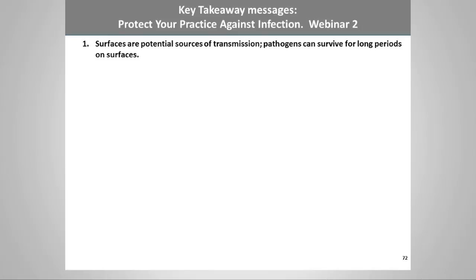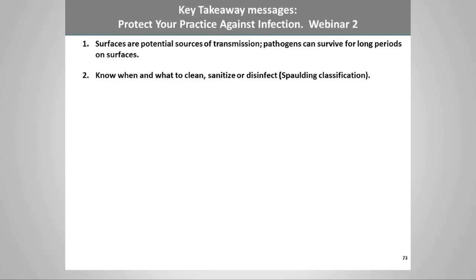So what are some of the key takeaways? You can see that I really focused an awful lot on my concern for your valuable equipment. I want to balance that fine line between doing the right job but not destroying the valuable metal, plastic, acrylic surfaces. Surfaces are potential sources of transmission, and these pathogens can live on them for long periods.